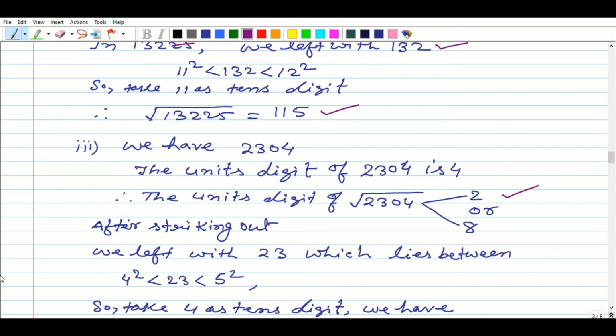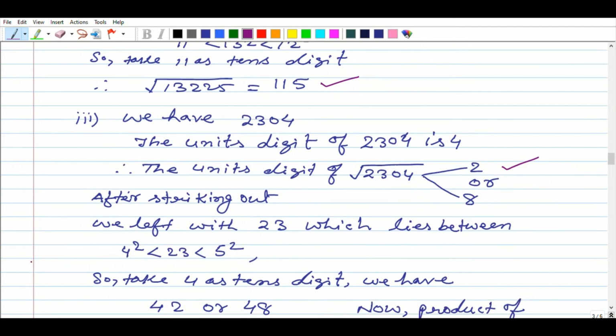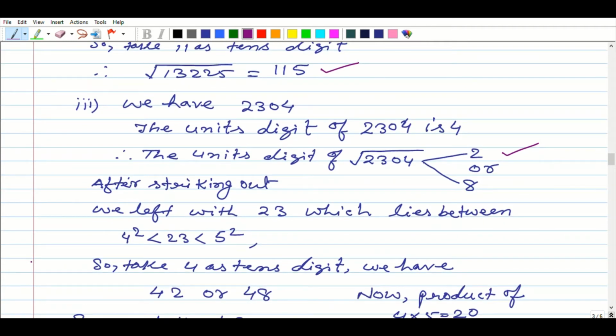Here you see we will take 4 as the tens digit. We have the numbers 42 and 48. Now the product of 4 into 5 is 20, and 20 is less than 23.